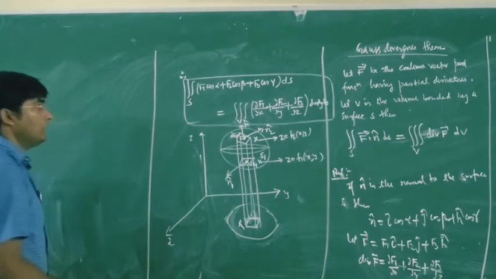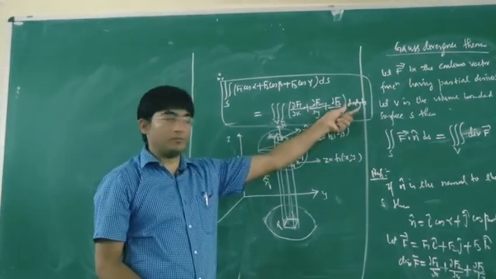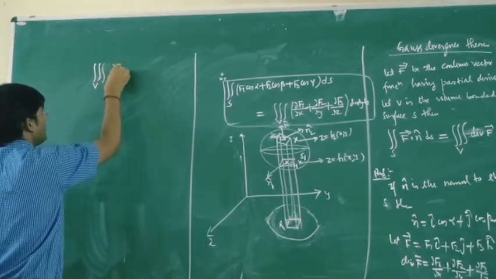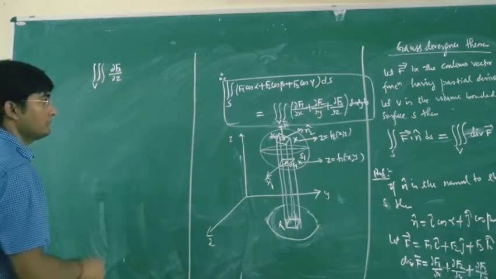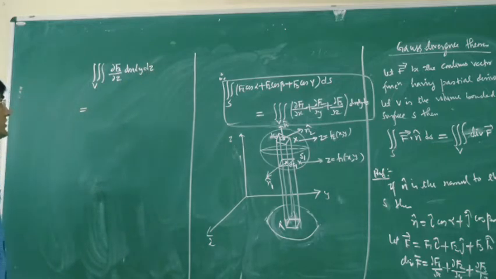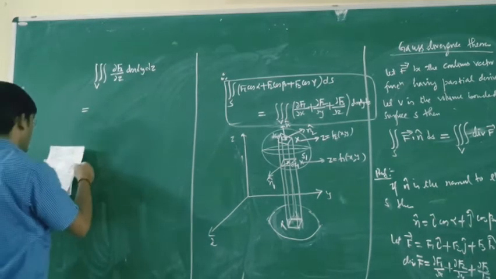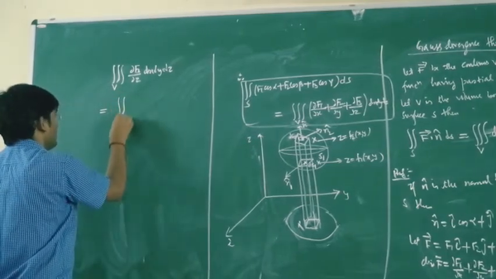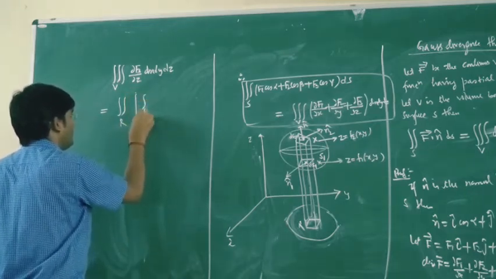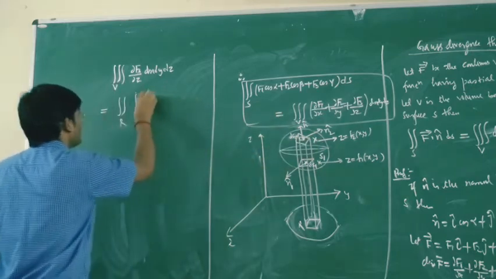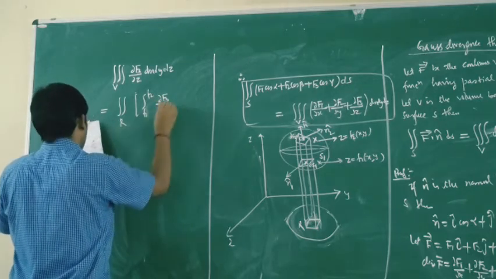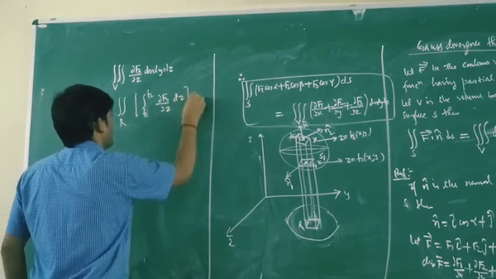Now let us evaluate the third term, which is the volume integral of del f3 upon del z dx dy dz. Now if you integrate this with respect to z, taking the projection, this will be a double integral, where the value of z goes from f1 to f2, of del f3 upon del z dz, with respect to x and y.